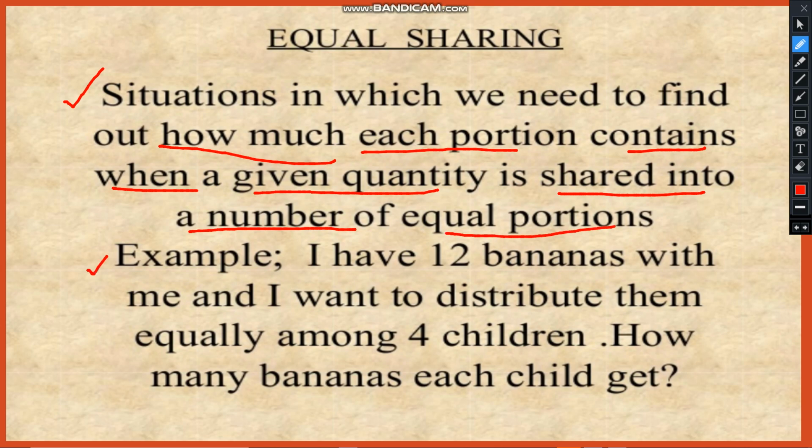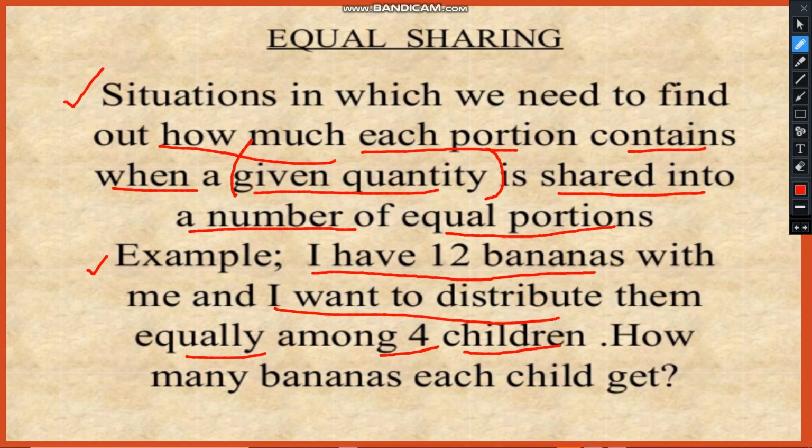For example, I have 12 bananas with me, and now I want to distribute them equally among 4 children. So how many bananas does each child get? Such a problem is one of equal sharing, where एक आपको total quantity दी गई है, and information is given that it has to be divided equally among a number of people.